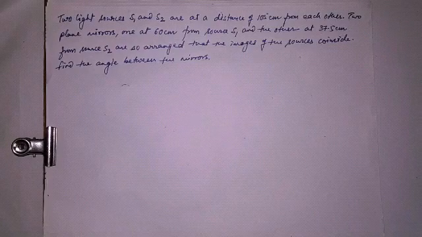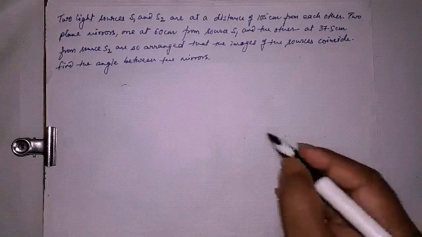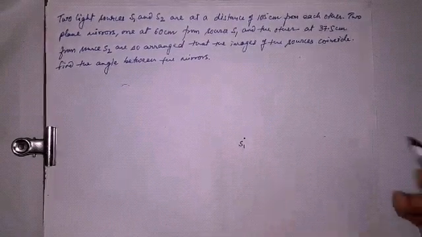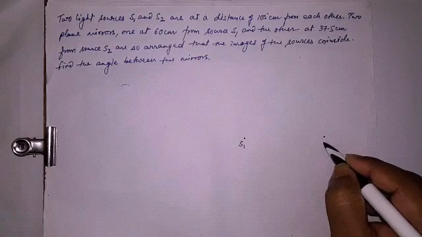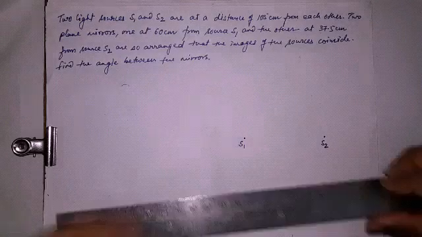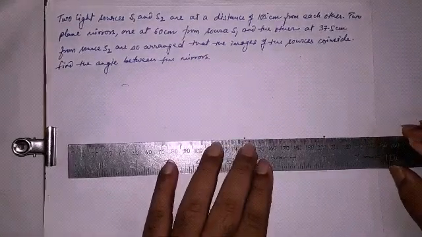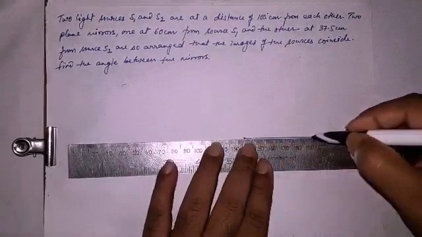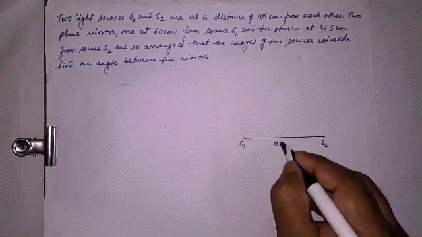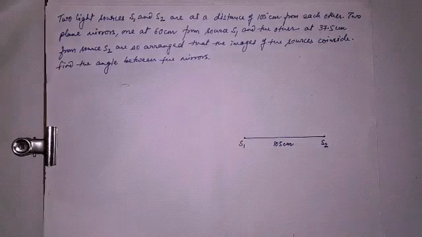So let us try to draw the diagram. Let this be source S1 and let this be source S2. Let the distance between these two sources, as given in your question, be 105 centimeter.